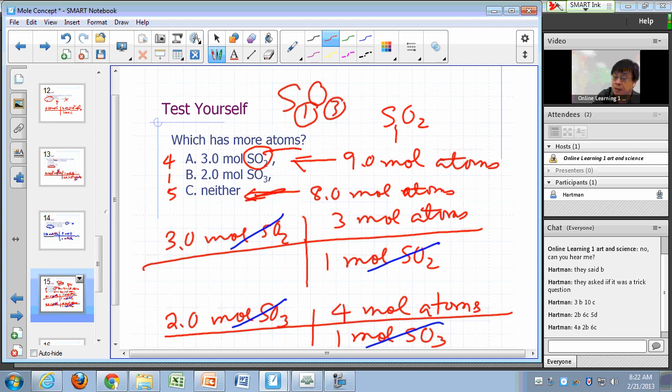Oops, I'm sorry, this second one has 8 moles of atoms. So 9, 8, so it can't be C. Which one has more moles of atoms? Correct answer is A. There's 9 moles of atoms in 3 moles of SO2.